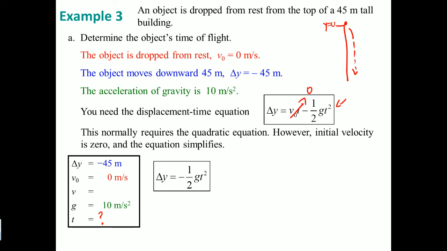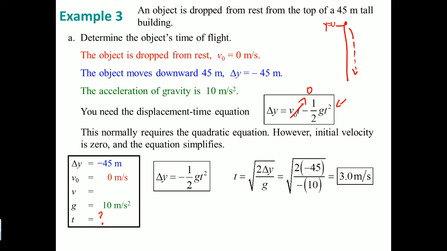That was when it came to the same point. But here, the initial velocity was equal to 0. So that's what allowed us to do the cancellation. Okay. Solving for t, if you would like to see the algebra here, let me show you. Delta y is equal to negative 1/2 gt squared. So I'm going to multiply by negative 2g.